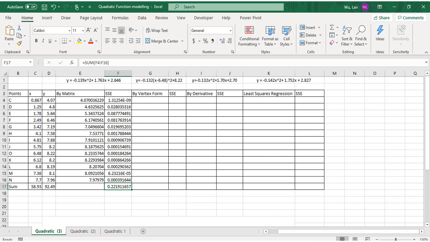When you see this number E negative 9, that means 10 to the negative 9th power, so you can change this into 0. Here you have E negative 5, which means 10 to the negative 5th power, so we will change this one into 0.00002.